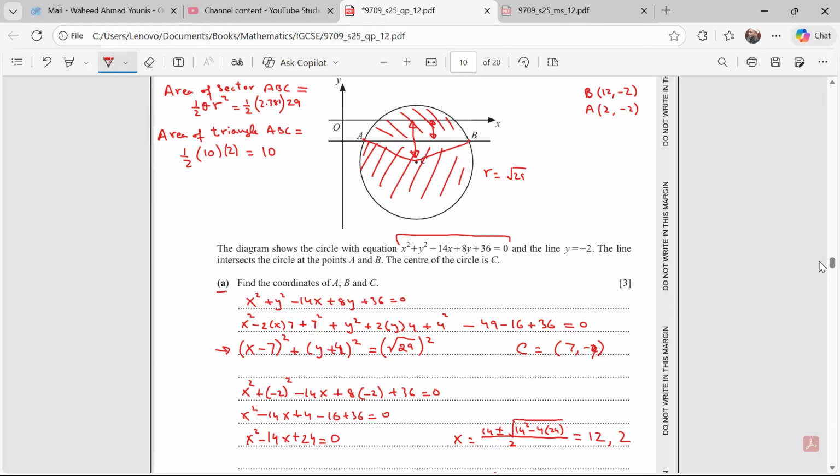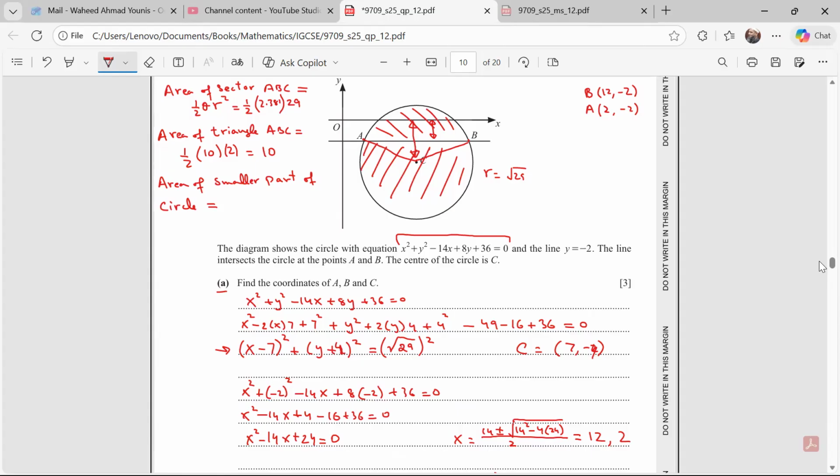So the area of the smaller part of the circle is going to be the area of this whole sector, and I can simplify this thing.